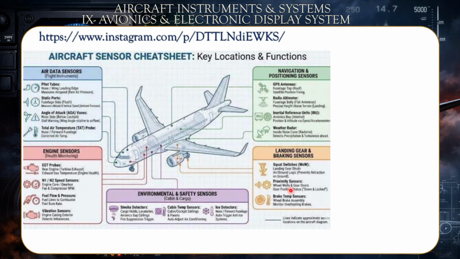This is during the landing when the aircraft starts sounding 50 feet, 40, 30 during the landing before touchdown. Brake temperature sensors to detect the temperature of the brakes. Environmental and safety sensors such as the smoke detectors, of course, cabin temp sensors, and ice detection.